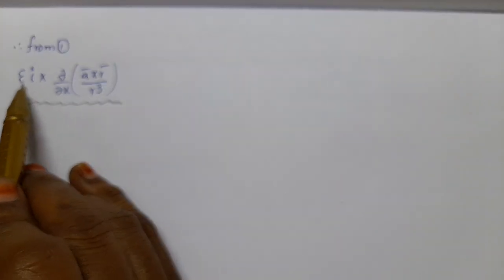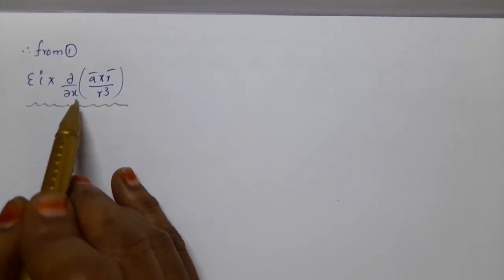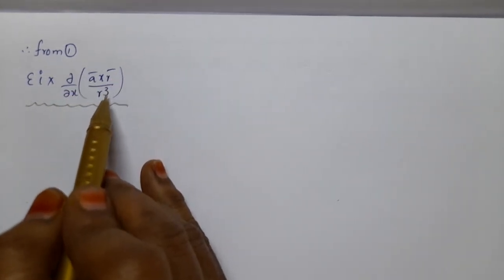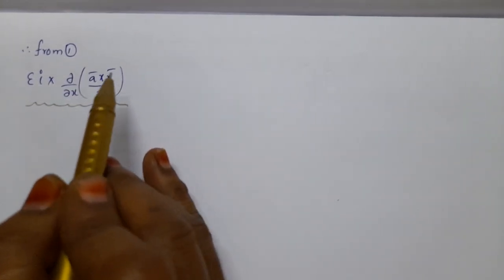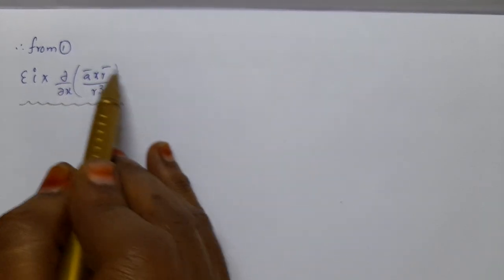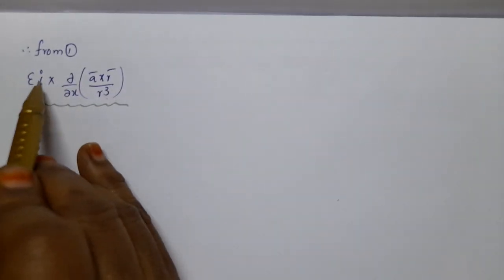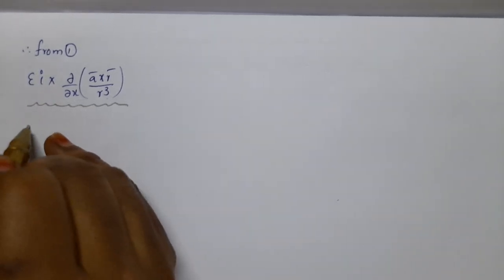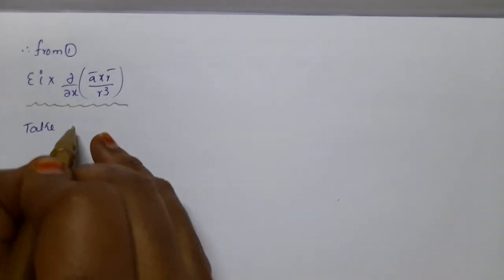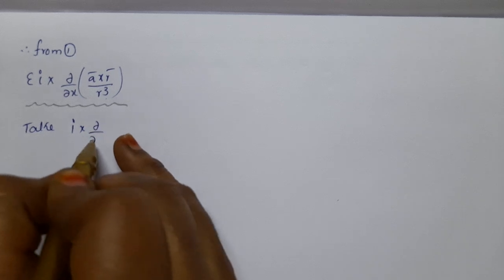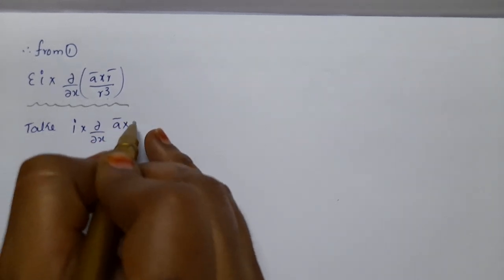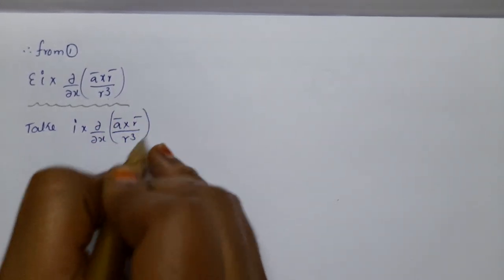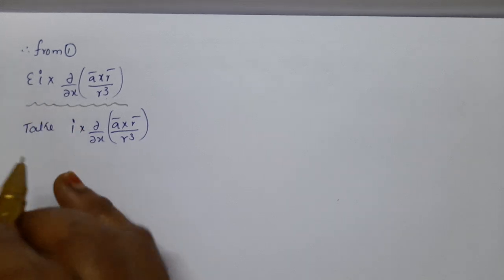From 1 to 3, sigma I cross dou by dou x of a bar cross r bar by r cube. Now we are calculating this value. Now apply the cross multiplication. Take I cross dou by dou x of a bar cross r bar by r cube. After that we are applying sigma notation.